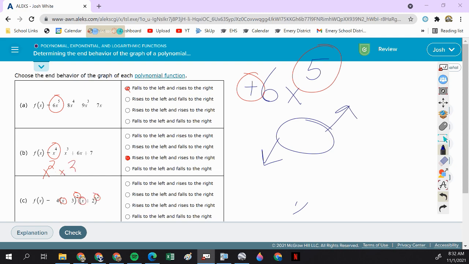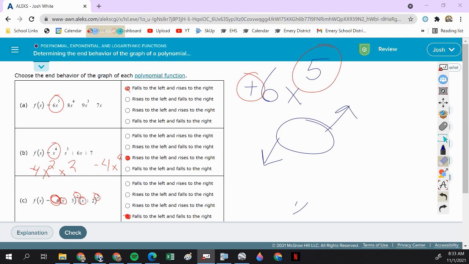And what number is in front? -4. So the leading term is actually -4x to the 4th. What is a negative x to the 4th going to look like? It's going to be an M. So it would be falls to the left and falls to the right.